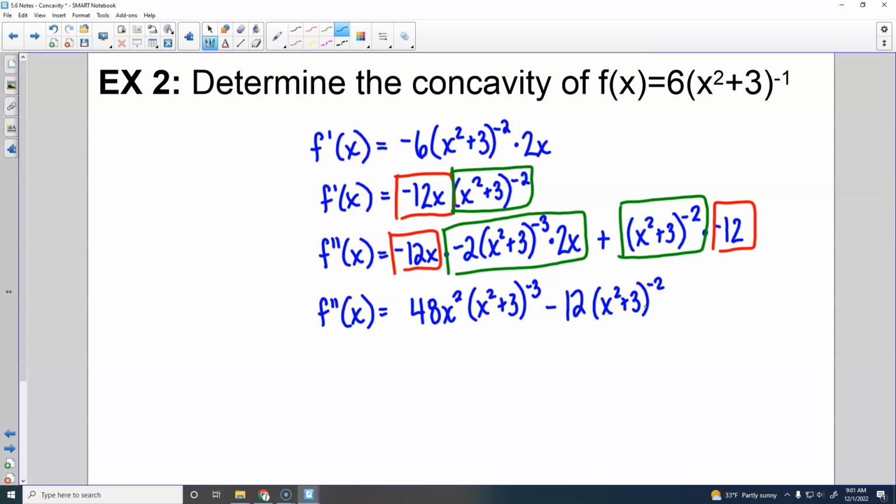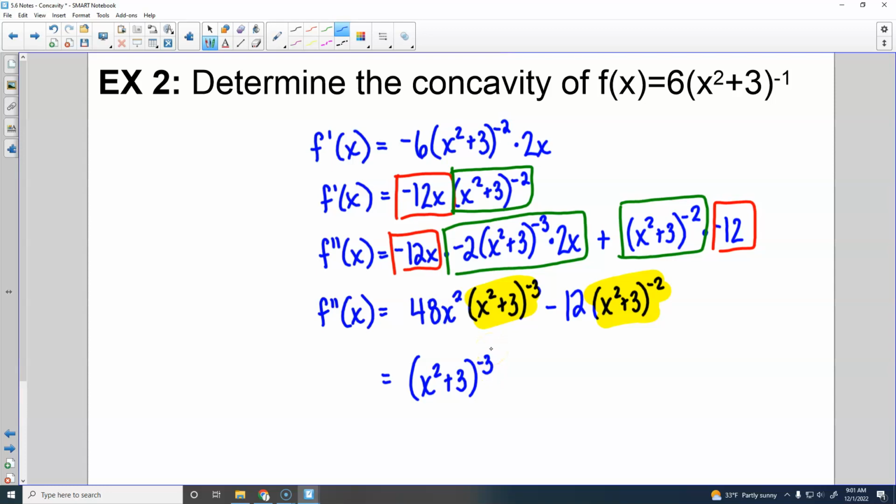Now there's a couple ways that you can deal with this from this point, but what I would do is you've got these two pieces right here that match. So I would do what we've done before where we take out the lowest exponent there, which is that negative 3. So you are factoring out x squared plus 3 to the negative 3 power.